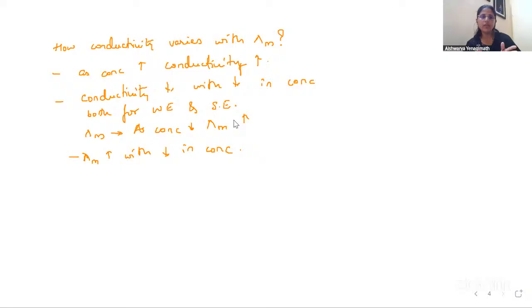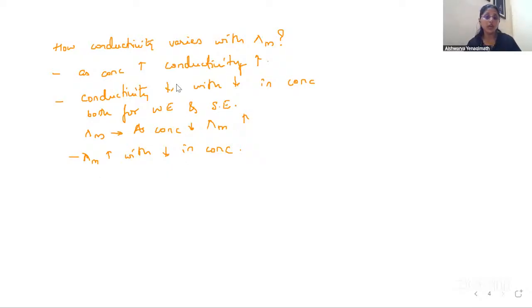For conductivity, as concentration increases, conductivity also increases, and as concentration decreases, conductivity decreases. But for molar conductivity, as you increase the concentration, it decreases, and as you decrease the concentration, it increases. This is exactly opposite.